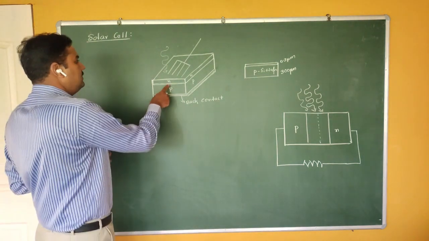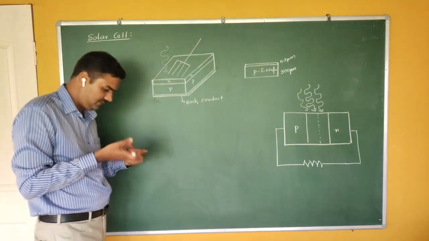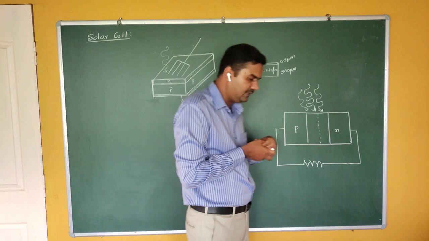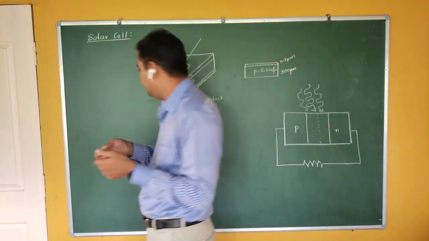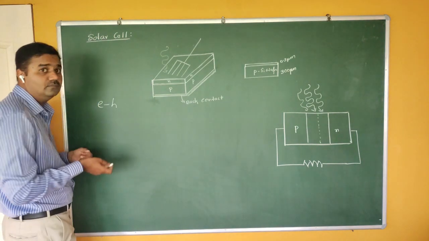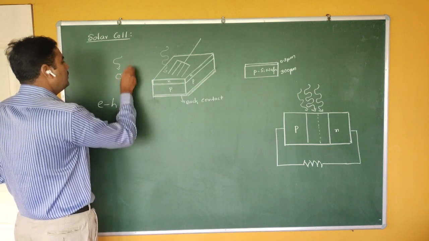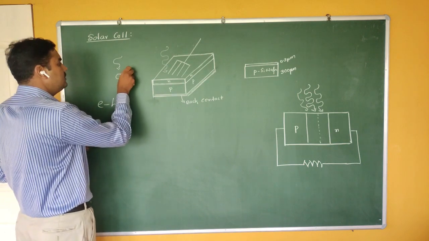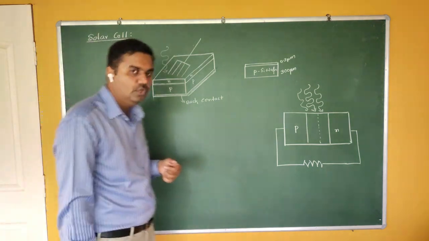See, when light falls on this PN junction, what happens? Same as we studied in photodiodes, when light falls on the depletion region, electrons and holes are created. Light falls on an atom, so that atom loses the electron. As the atom loses the electron, a vacancy is created, and that vacancy is called a hole.